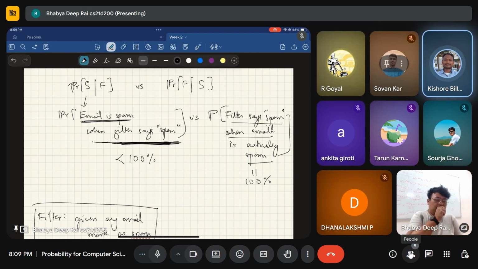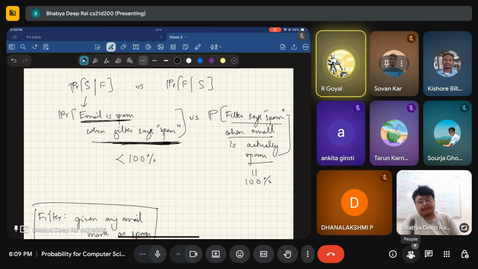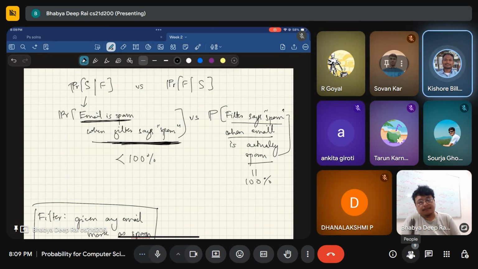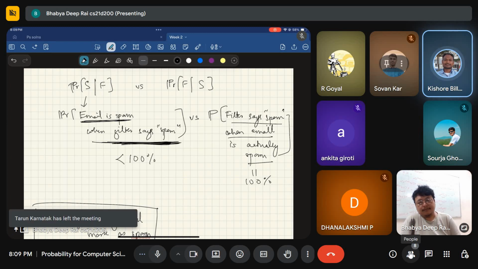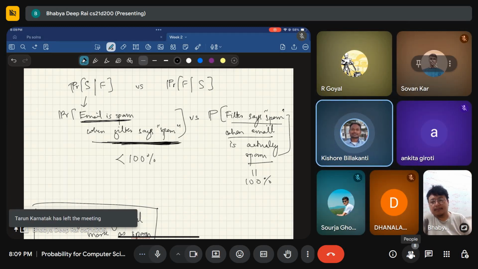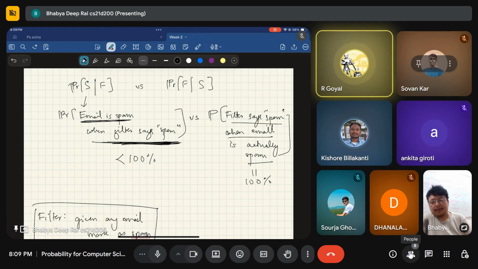With true and false, just like the confusion matrix, is that the same? Yes, more or less the same, since we use the confusion matrix as a measure to represent the accuracy of the model.